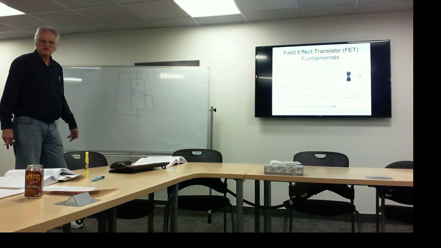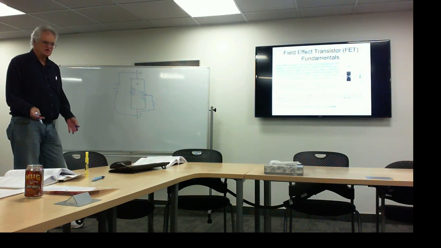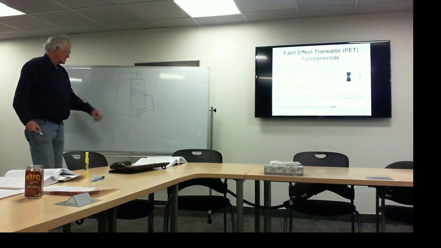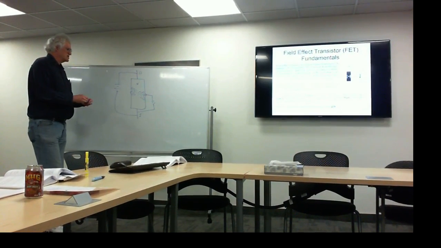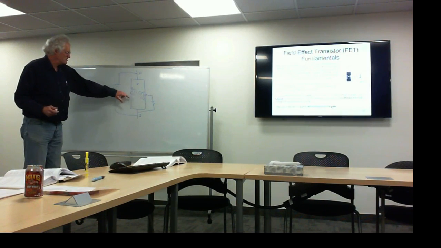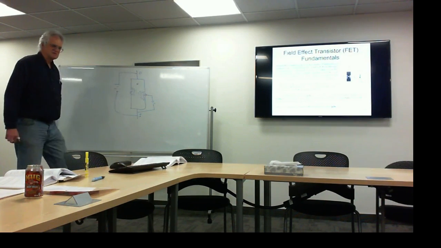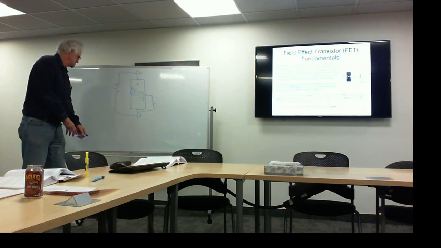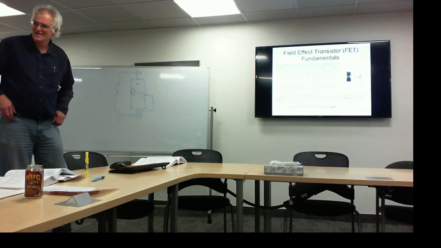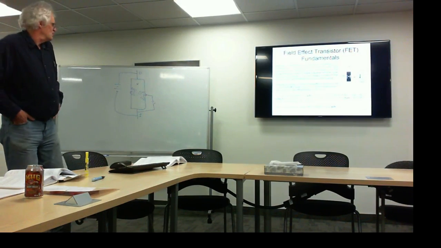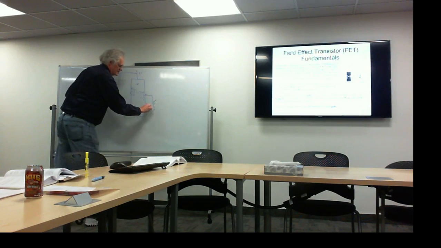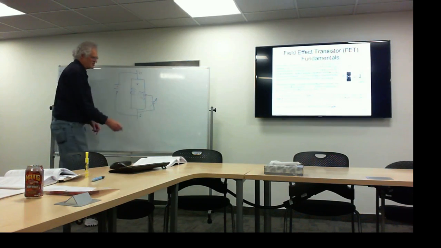So actually, that's what they call the pinch off voltage. When you reach that voltage where you've actually cut off the current flow, you reach the pinch off voltage. So that's what they call a field effect transistor, because we're actually creating a field in here which prevents the flow. It's however you want to change this voltage.